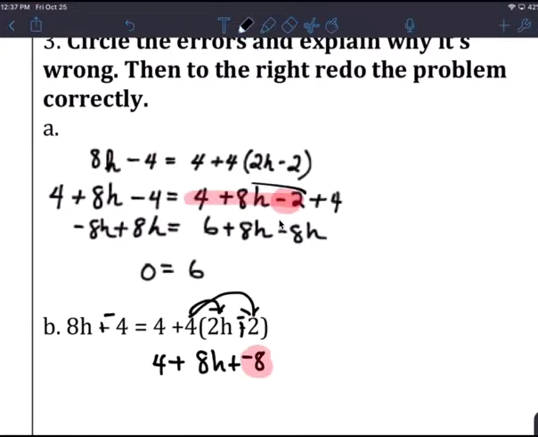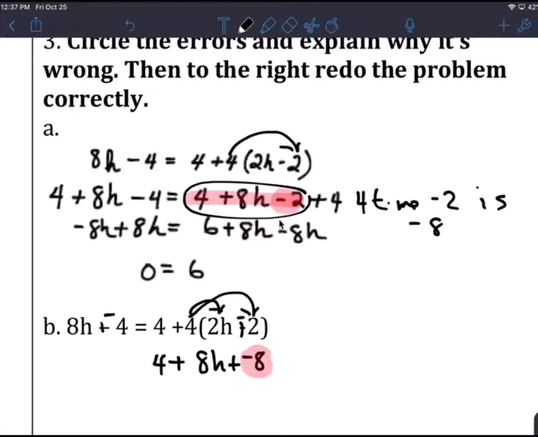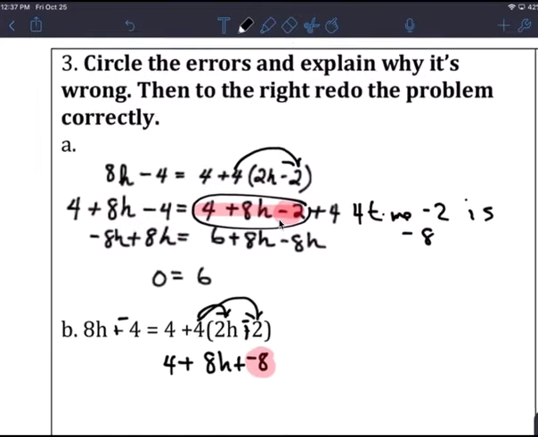They forgot to multiply 4 times -2 is -8.